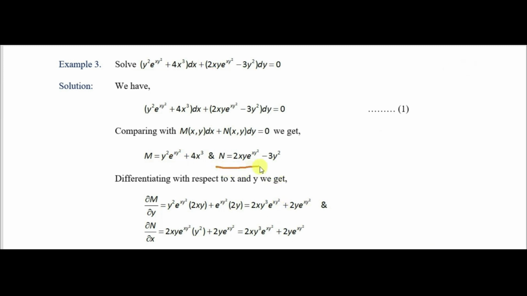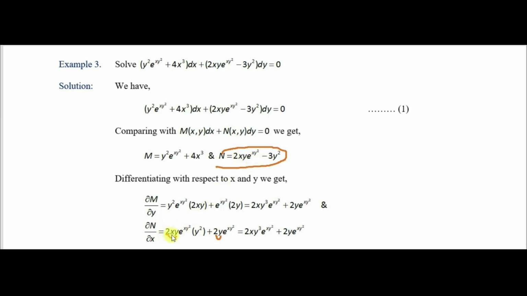Now for N we have to differentiate this with respect to x partially. Here we first note that in the first term 2y is constant, so 2y comes in both terms. So 2y is present here, and here again 2y is present. So the remaining term is x into this. x is present in the first term and x is present in the second term, so we have to use the product rule again.